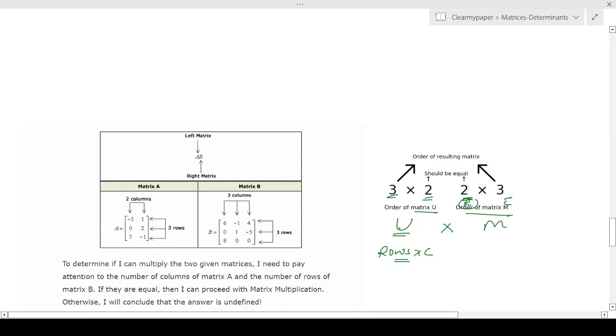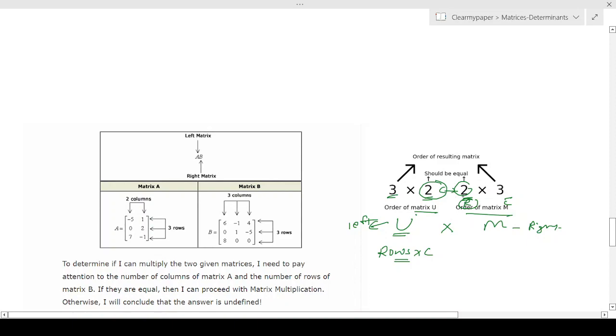This is the leftmost matrix, on the left side, and this is on the right side. And what we are saying is the number of columns of the matrix on the left should match the number of rows on the right. So the numbers closer this way. If you see this way, it's a better way of understanding.